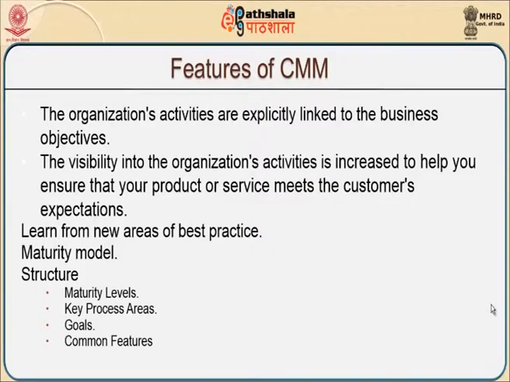So, the visibility of the organization's activities is increased to help you ensure that your product or service meets the customer's expectations. We may have to continuously monitor whether the business objectives meet the organization's objectives and mission statements. We will closely monitor that.